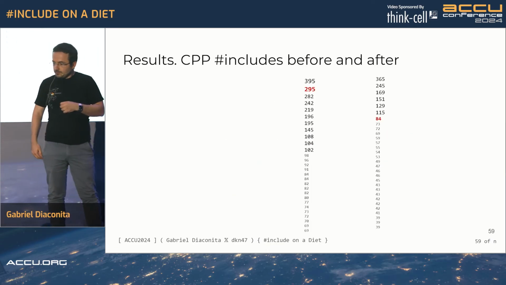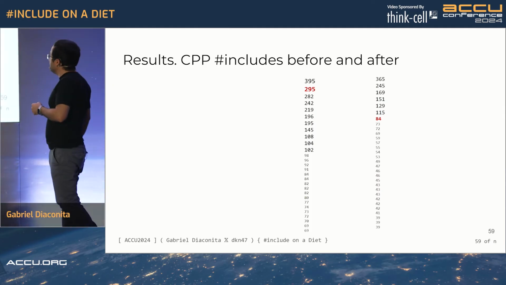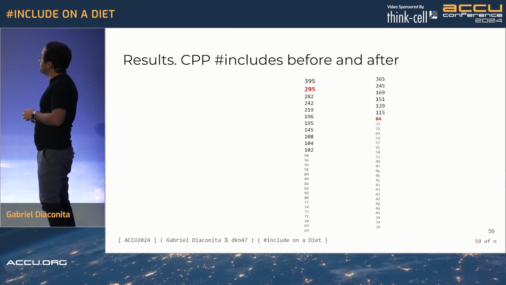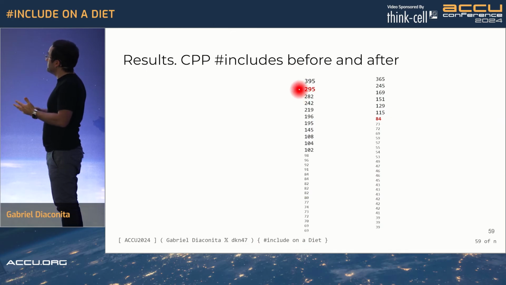This is a list of, I cannot give you the specific file names, but these are files basically before our process of removing the includes, and these are files afterwards. Our top files sorted by the number of includes in each file.